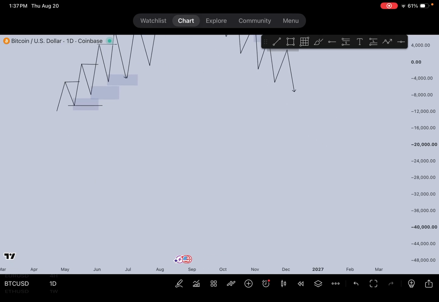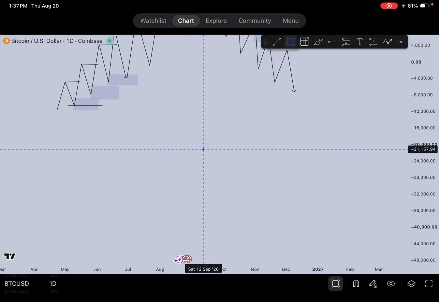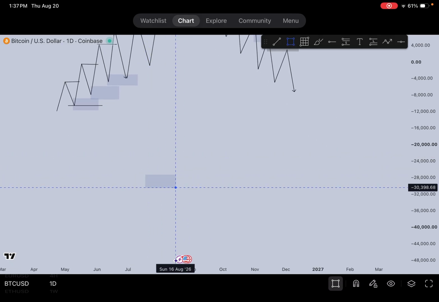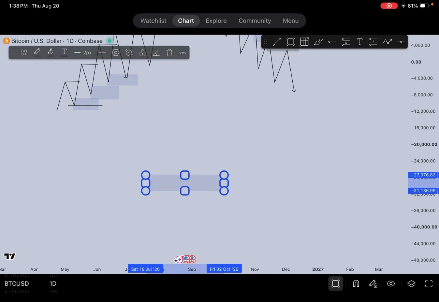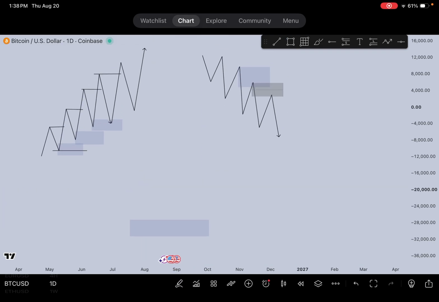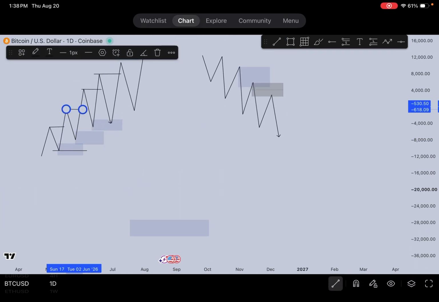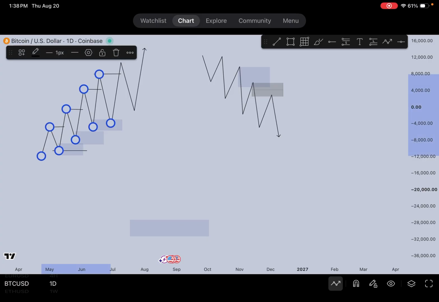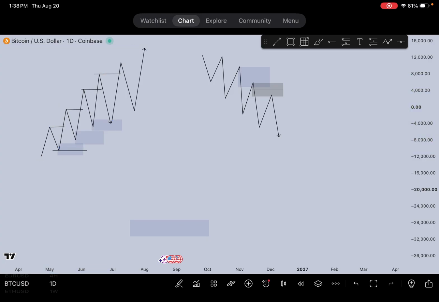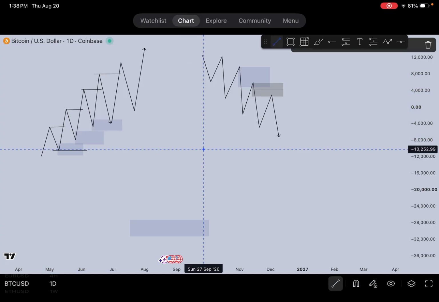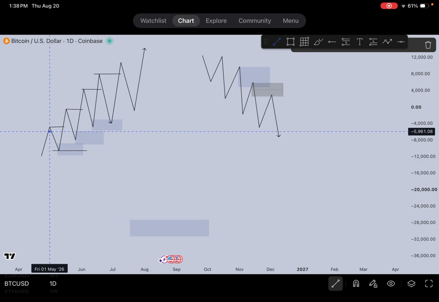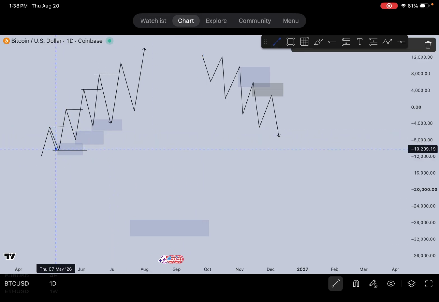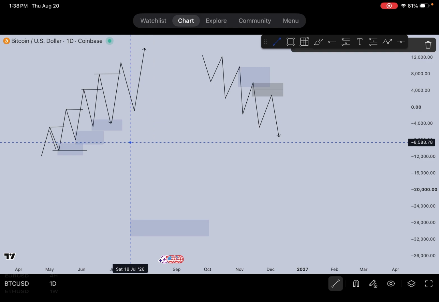For every key zone we mark out, we're expected to see a reversal pattern depending on where the direction is going. For example, let me use this uptrend. If we're in an uptrend, we expect to sell the market to buy.